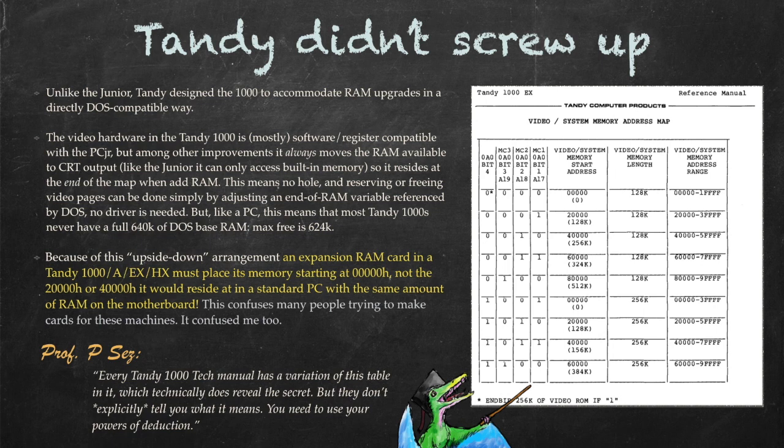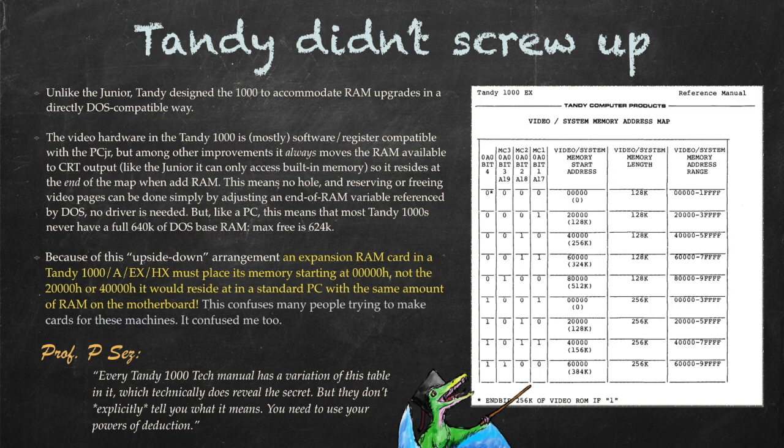So this is the first important takeaway of this video. If you are going to be creating your own Tandy 1000 memory card, or if you're going to be configuring something like one of those low-tech 1 meg cards to go on your Tandy 1000, do not configure it the same way as you would for an IBM PC with the same amount of memory.